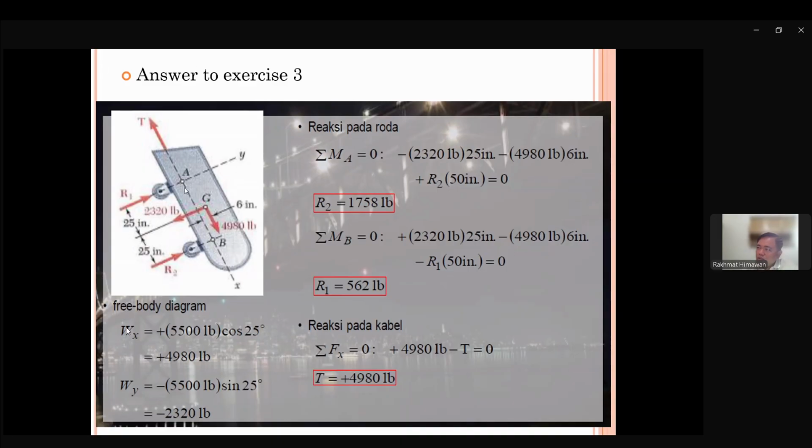Not on the wheel. Oh yeah, this is also a good question. Why are point A and B here, not in the wheel itself? Because the question is T. What is T?